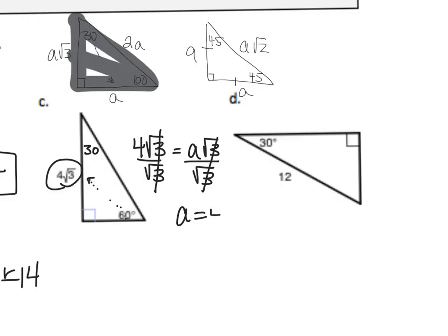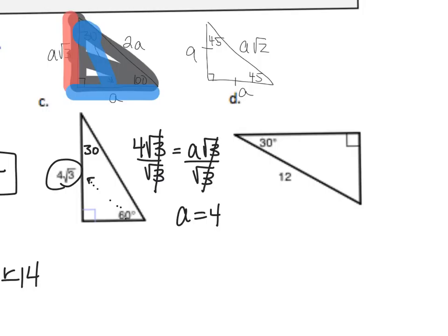So A equals 4. But what side really equals 4? Well, if I look at my original drawing, I have the A root 3 side, I just solved for that. Then I have the A side, and the A side always pairs up with the 30-degree angle that's across from it, or it's the one that's adjacent to the 60-degree angle.